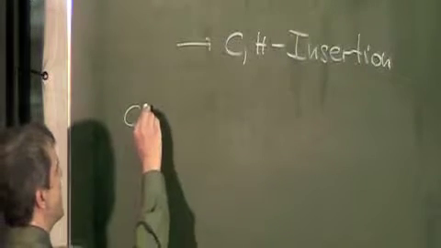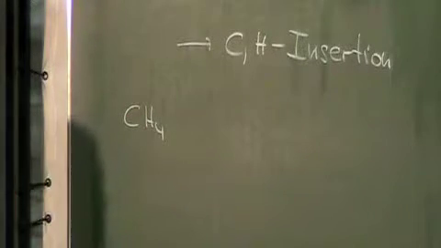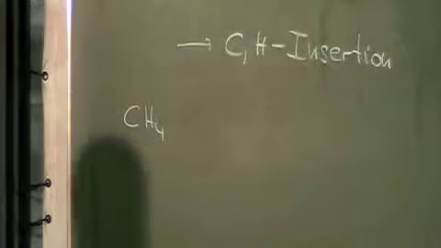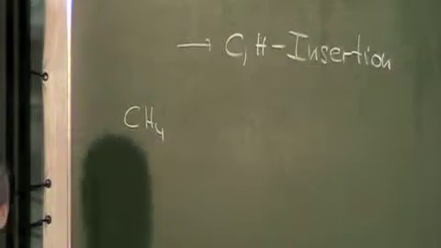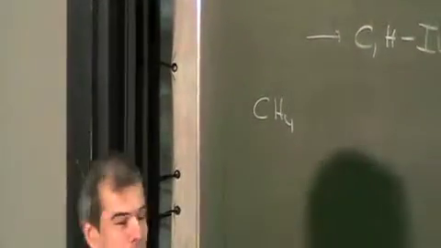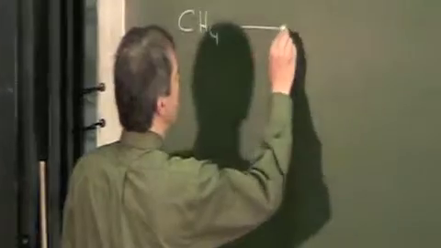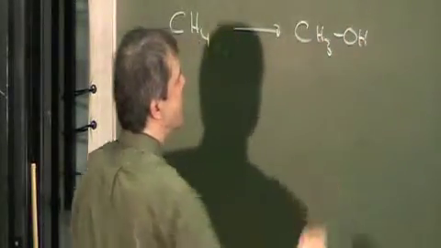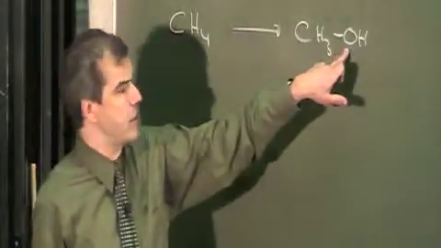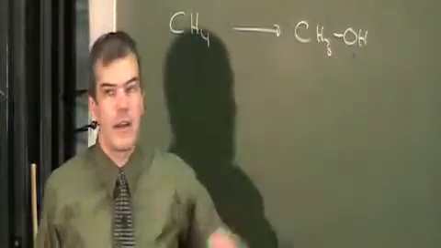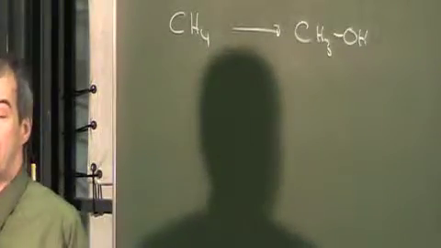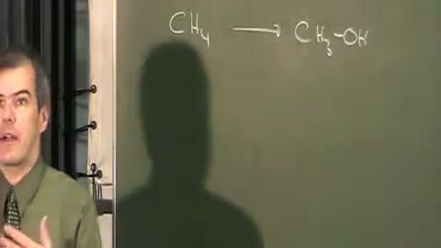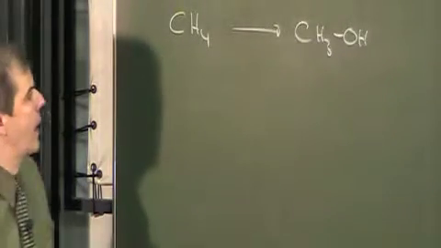Let's think about a very simple process. What we usually do with something like methane, we burn methane to carbon dioxide and use it for heat. This is more or less all we can do. But for example, it would be very nice if you could do an oxygen insertion selective in the CH bond, but then stop it there and create methanol as a chemical, as a different type of fuel, and so on.